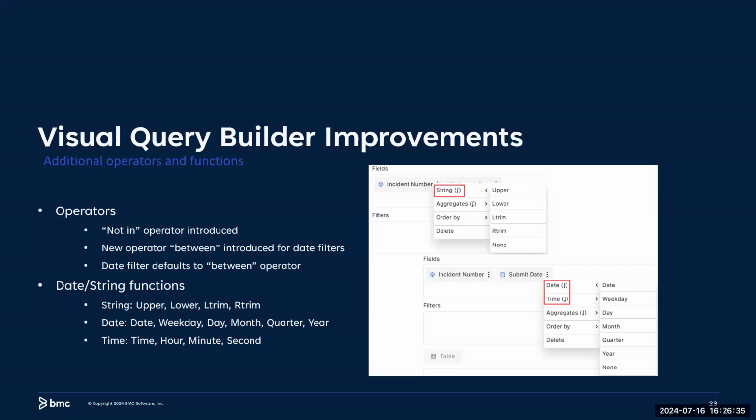You'll also find several string functions, so typically what you would do with manipulating strings: convert to uppercase, convert to lowercase, remove trailing spaces, leading spaces. There are several date functions, so weekday, day, month, and so on, and several time functions. All of these have been introduced in Visual Query Builder. Next slide, please.